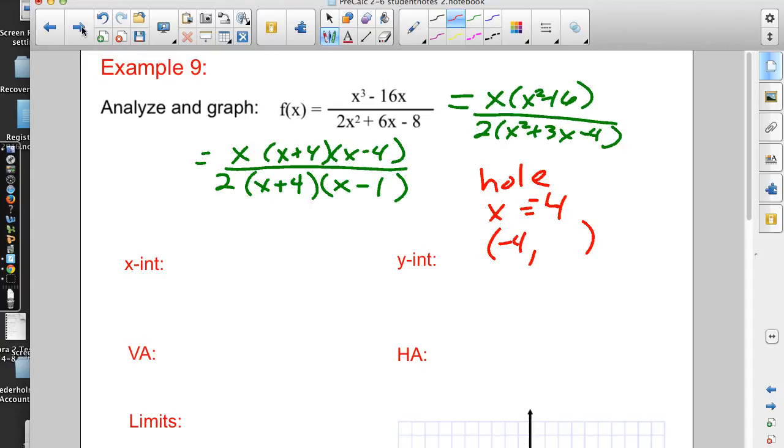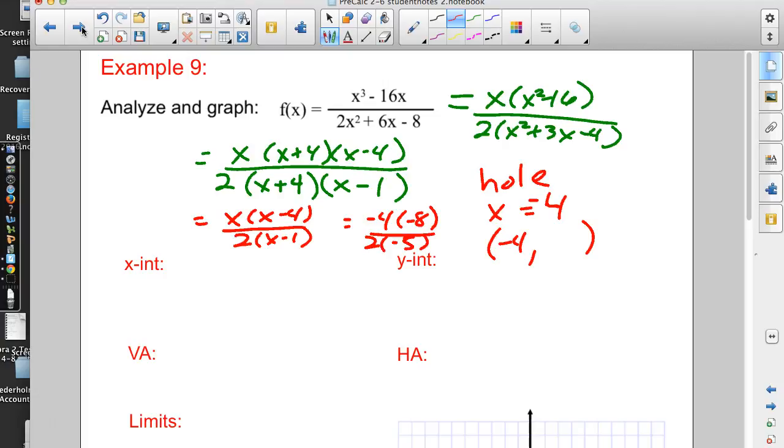Well, to do that, we have to say, all right, if this cancels out, I'm going to be looking at x times the quantity x minus 4 over 2 times the quantity x minus 1. What would I get if I put it in there? So this would be negative 4 times negative 8 over 2 times negative 4 minus 1, which would be negative 5.